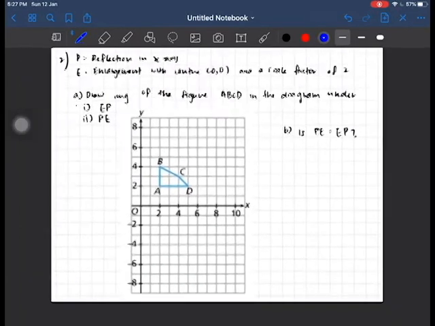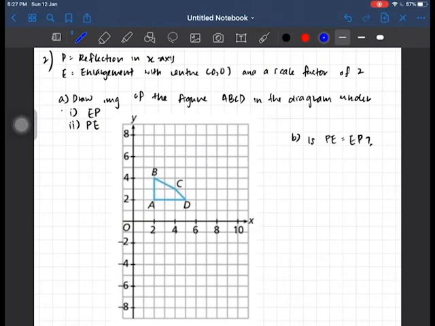So here's my image, and they want me to draw EP and PE, right? Alright, let's do EP. P is the reflection on the x-axis, so let's do that. X-axis reflection, so it'll be here.